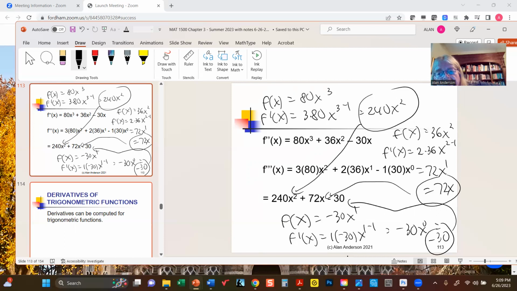If we took the fourth derivative, we'd end up with a term of x and a constant. At the fifth derivative, we have a constant, and at the sixth derivative, we would just have 0. Eventually, we'll have to reach 0 when we're taking derivatives of polynomials. Now, there are some rules that we'll learn later on where this is important, but not just yet.